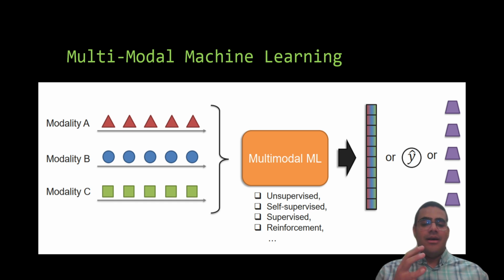For example, in this image we have three modalities, which can be text, image, tabular data, voice, I don't know, some sensory data from robots, and all other different types of data that we have in the world of machine learning and deep learning, and process them at the same time, simultaneously. Multimodal machine learning takes all of these modalities as input at the same time, and it is useful to do prediction or to generate something new, or these kinds of tasks.